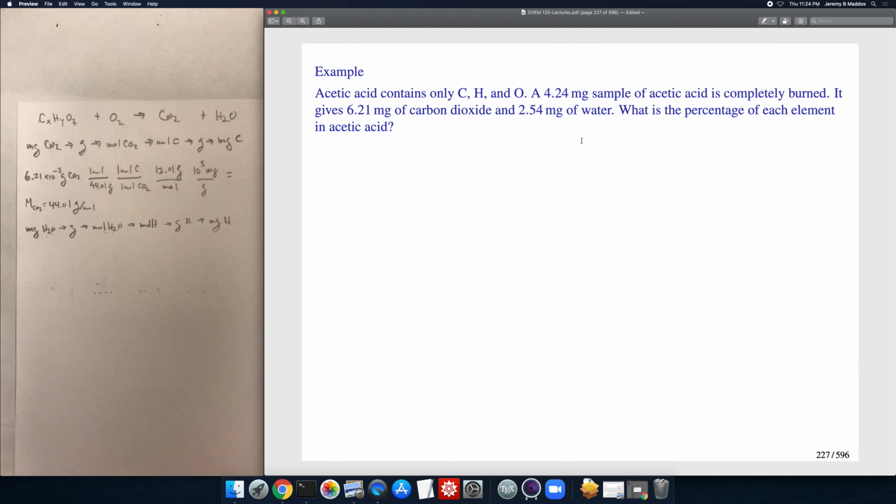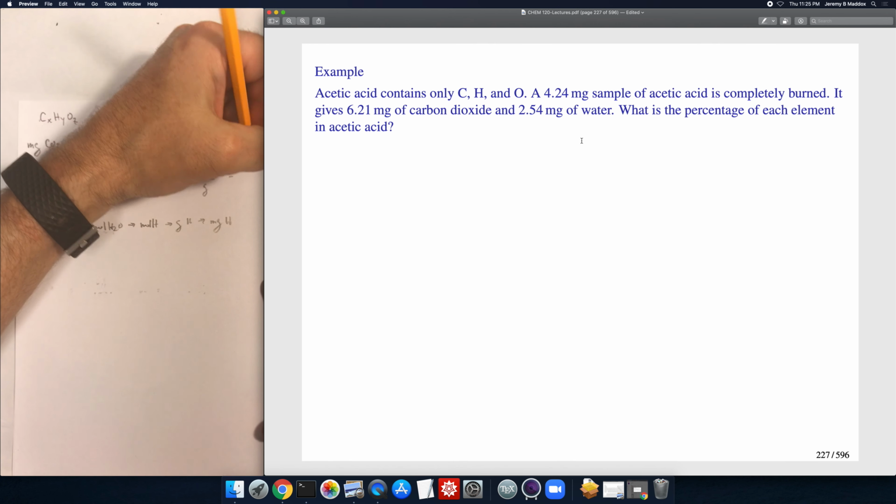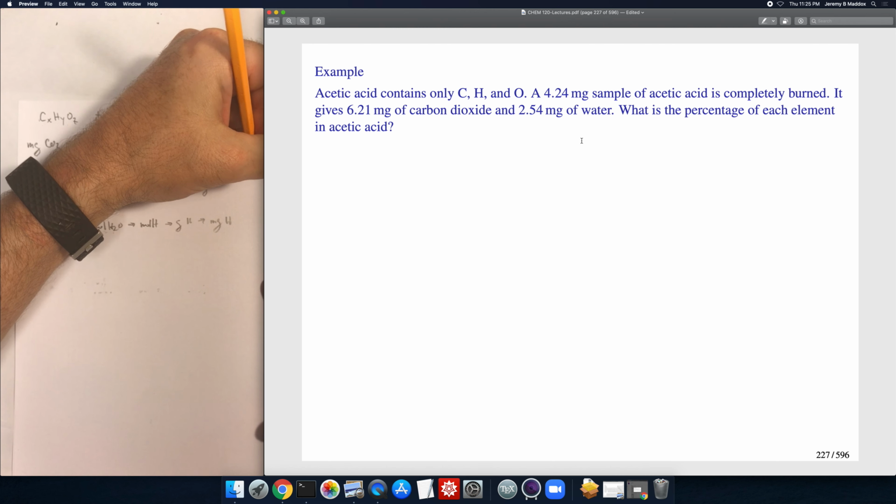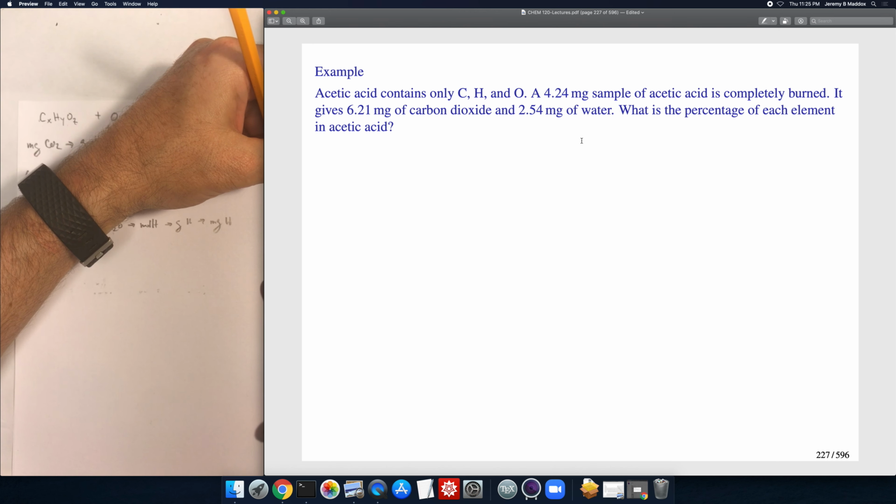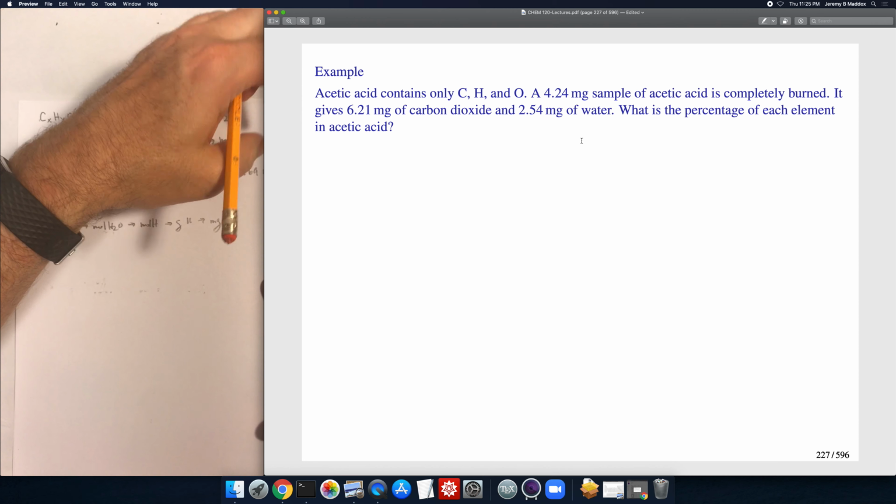So that'll be our milligrams of carbon. So I'm getting 1.69 out of that. Okay, we'll save that for later.